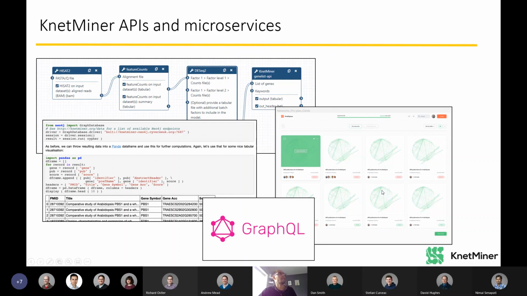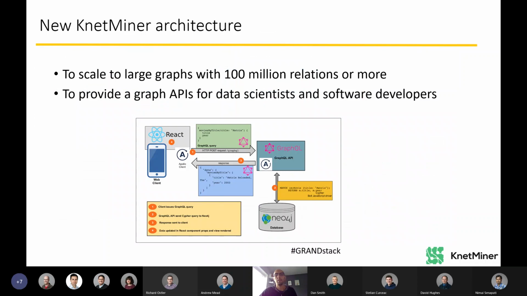So to enable us to go really from what we have now to a NetMiner that is multi-species, pan-genomic, and has much richer APIs, we need to radically re-engineer NetMiner. We've been evaluating different ways of how we could do this, and one of the stacks that we are currently considering is called the Grand Stack, where we've got a dedicated graph database which will be holding all our data.